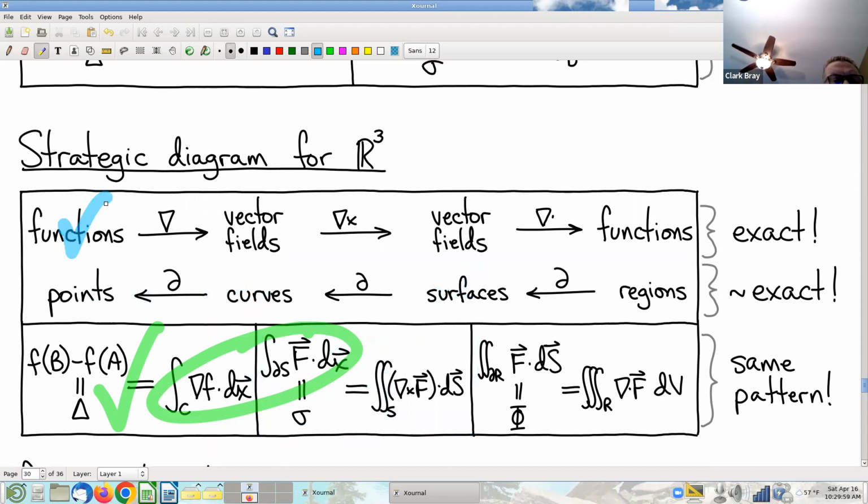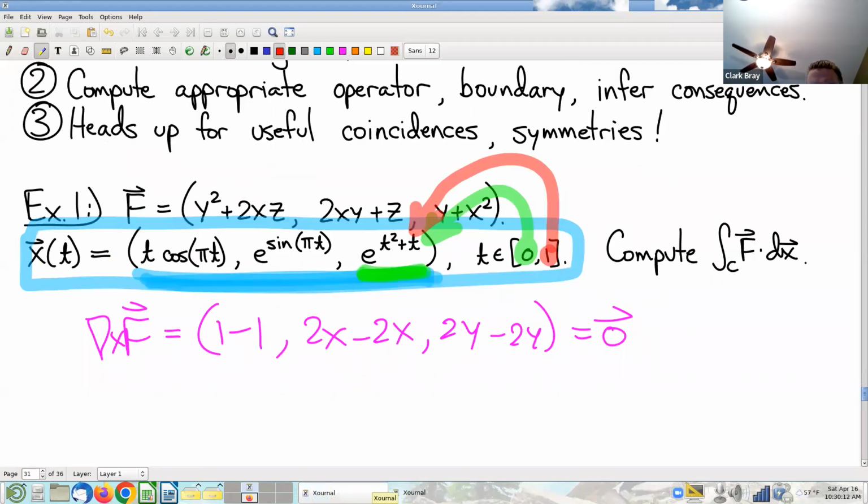There is an anti-gradient, which is why I can use the fundamental theorem of line integrals. But whenever there's an anti-gradient, that means another option is path independence. So really, you have kind of two options here now.